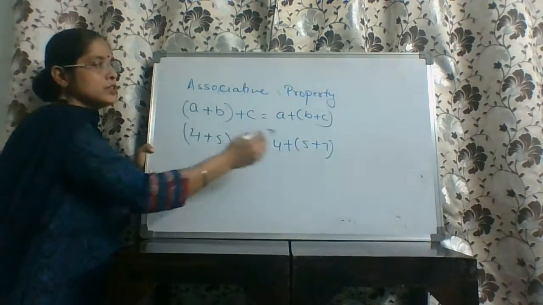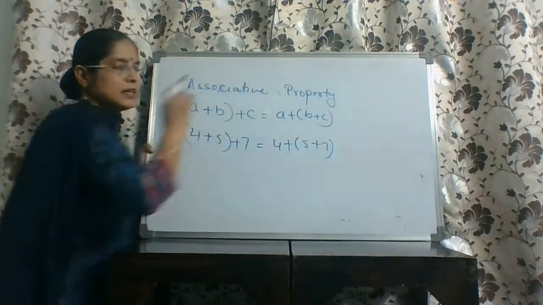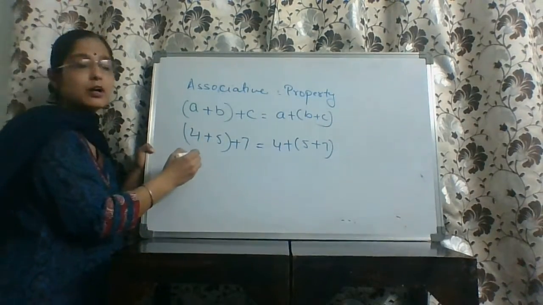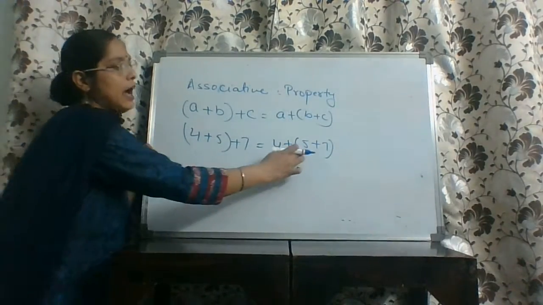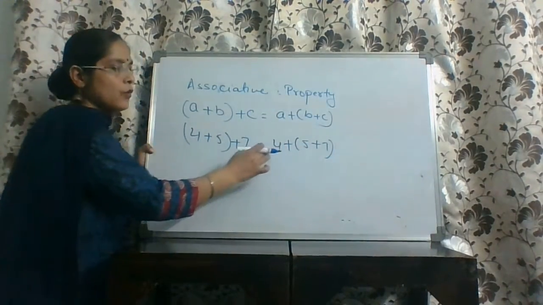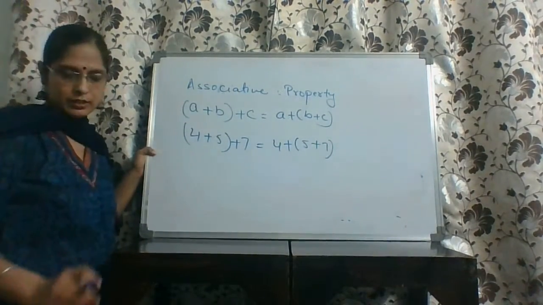What I have done, I have changed the arrangement. First a plus b was in the bracket. Now here b plus c is in the bracket. But it does not make any difference. My answer is same. 9 plus 7, 16. And here I have 12 plus 4, 16. My answer is same. So it follows associative property.